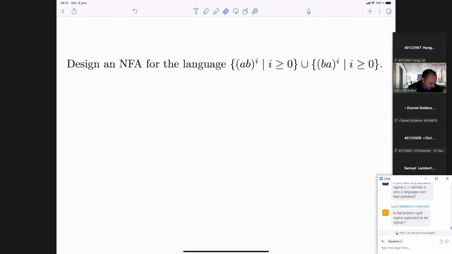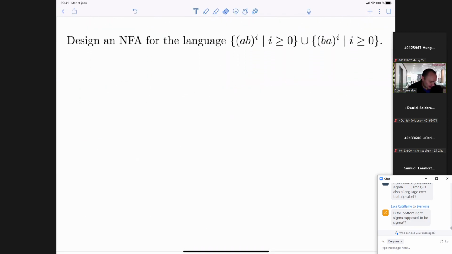All right, so next question. Design an NFA for this language. You might recognize this as a worksheet problem. It's AB to the power I union BA to the power I, where I is greater or equal to 0. So what are the strings that belong to this portion of the language? Well, it starts with lambda. The next shortest string is AB.